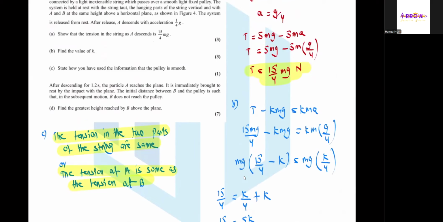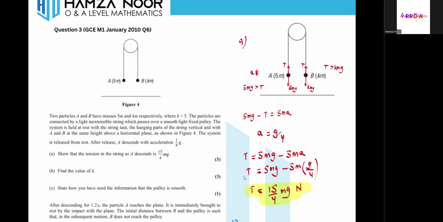Now in part C, it says to state how you have used the information that the pulley is smooth. So here we have the basic assumption that the pulley is smooth. It implies that the tension on either side of the pulley is the same. We can say that the tension at particle A is the same as the tension at particle B. It is basically an assumption in mechanics which we use. Since the pulley is smooth, it is a frictionless pulley.